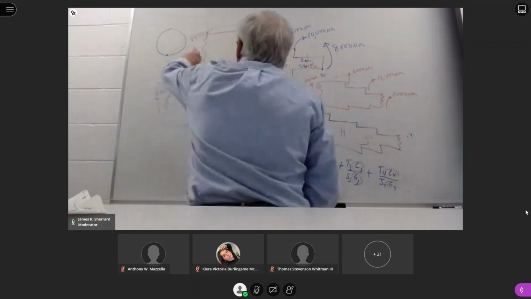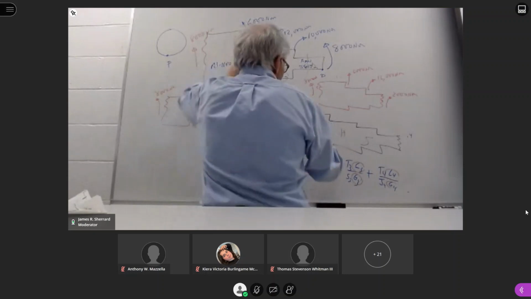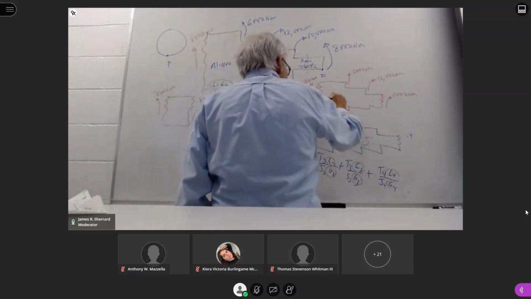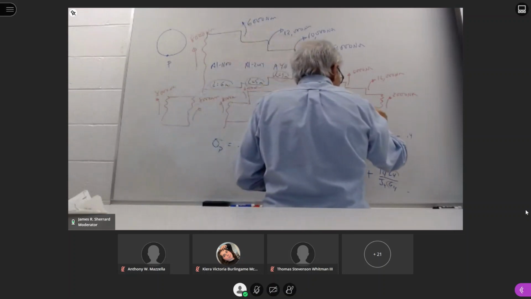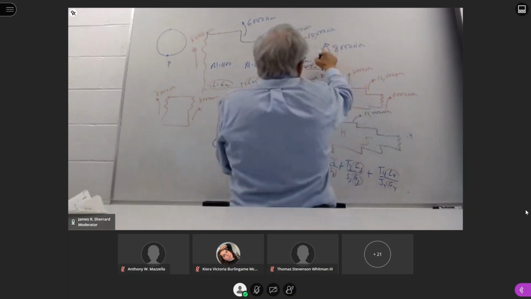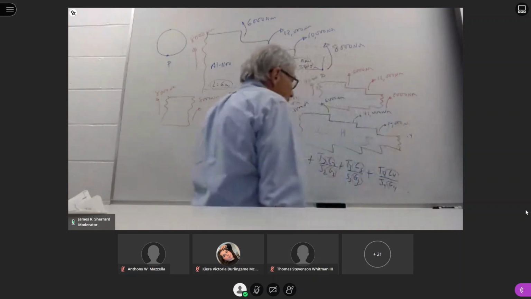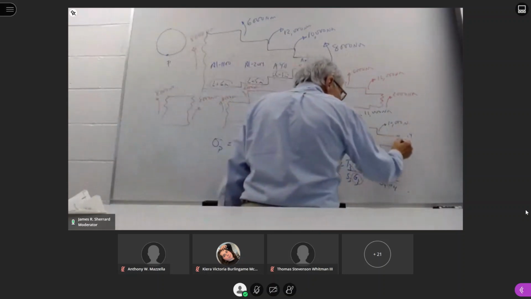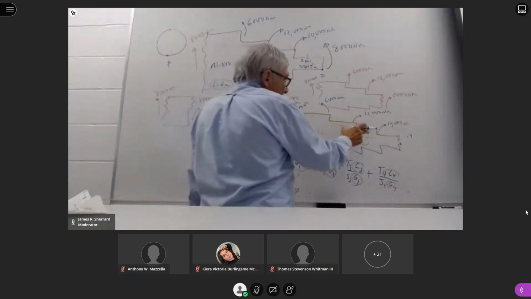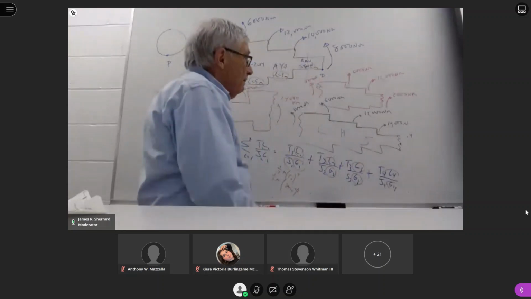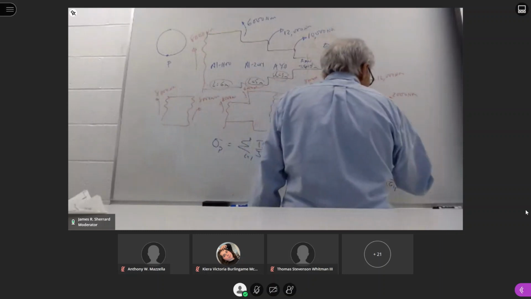I'll cut it right here. We have one attachment point. So if we look at this, we have what? 14,000 counterclockwise, 22,000 clockwise. So I have to have 22.